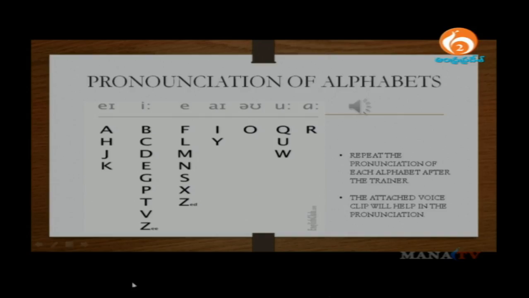Now let us see the third set of sounds, which starts with the E sound: F, L, M, N, S, X, Z. All these letters start with the E sound.